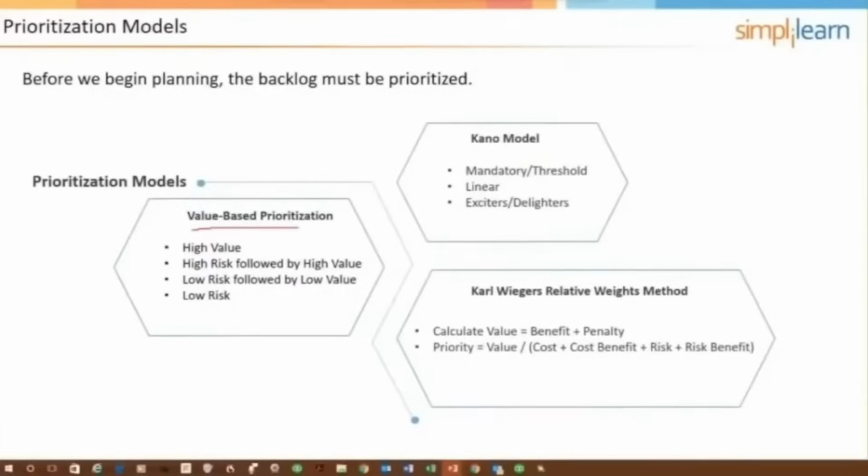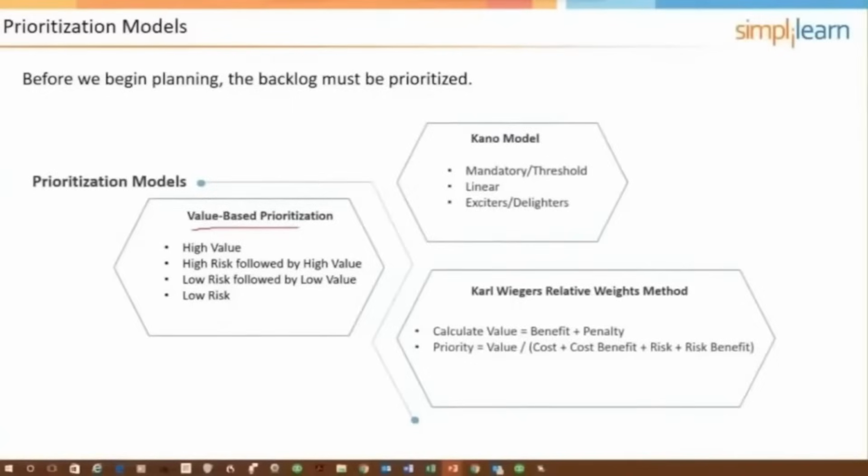If they're not there, it creates dissatisfaction. If the product owner and the team has done a good job in identifying what are the mandatory or threshold items, you would see that it just gets it to neutral. That's what's expected for the product.